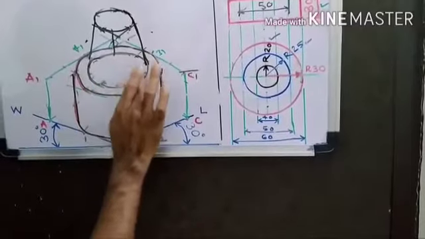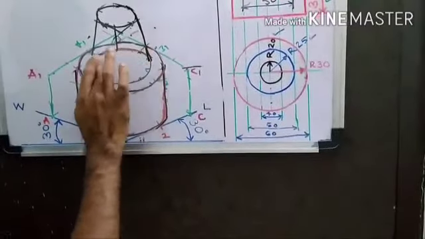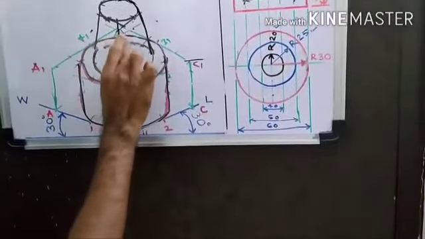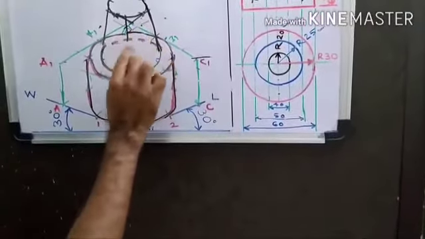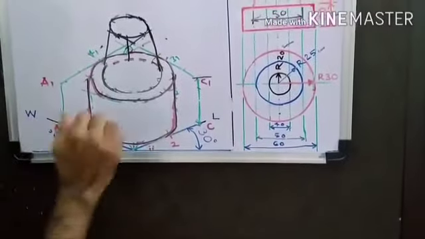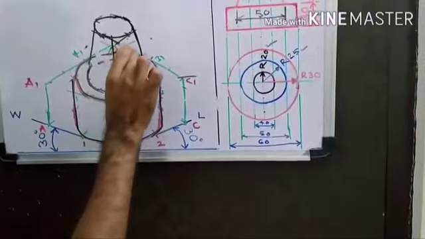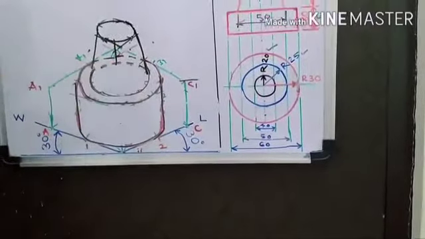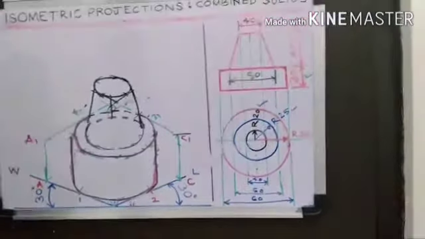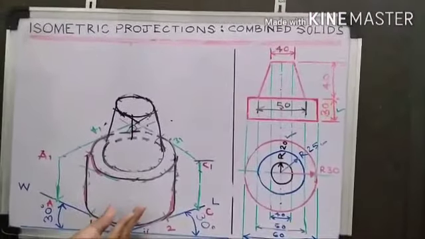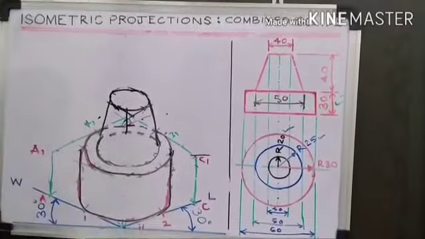You can see this. So therefore this is dotted, which is not visible. So therefore, isometric projection of a combined solid of cylindrical slab and frustum of a cone. Thank you.